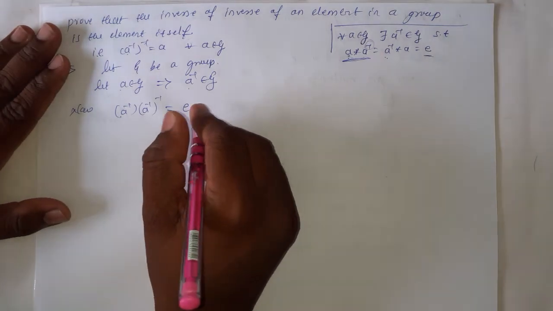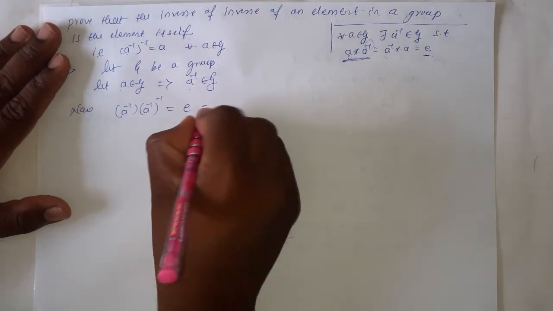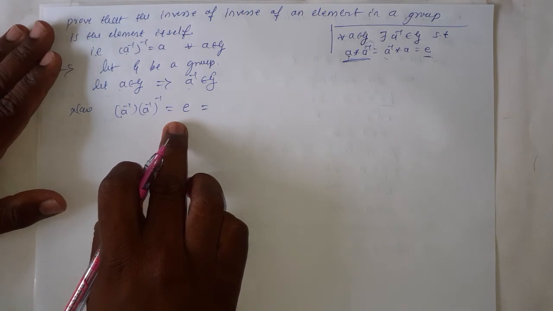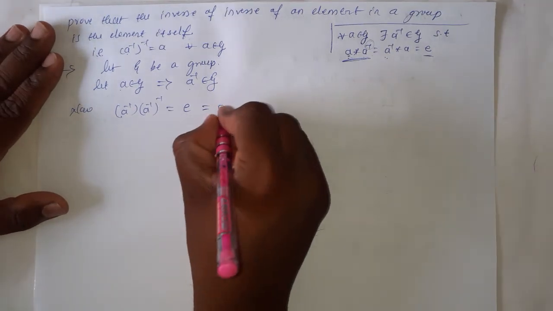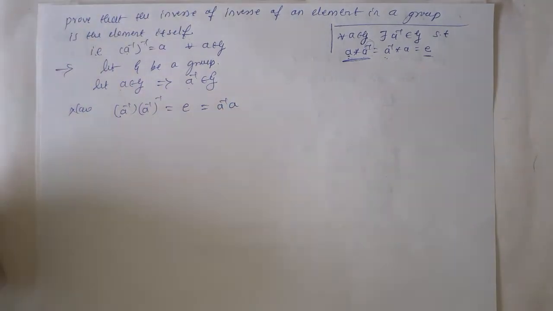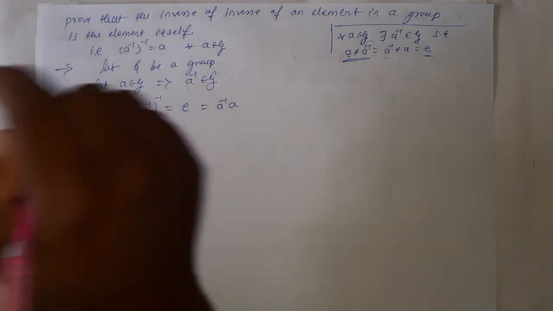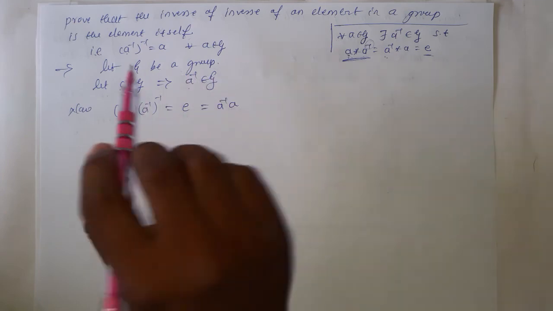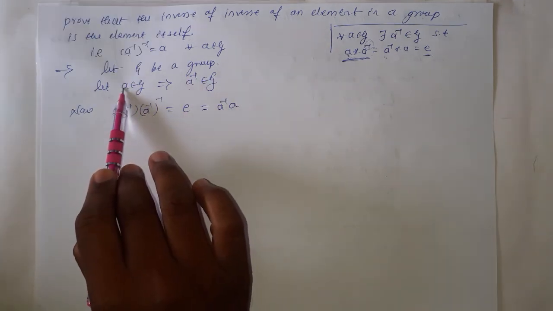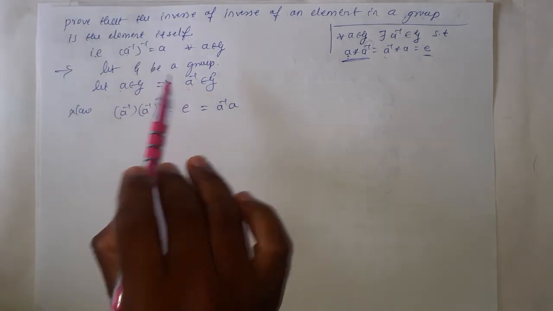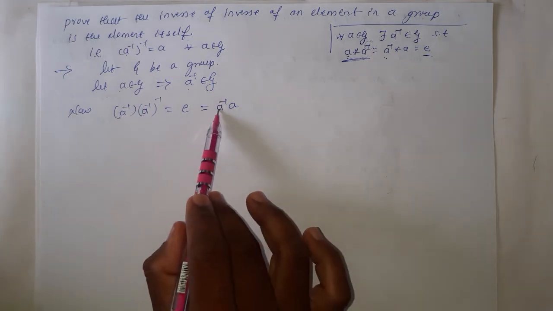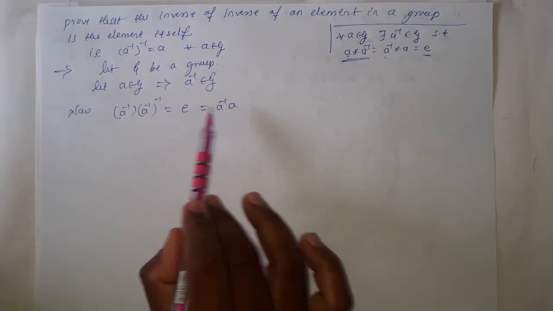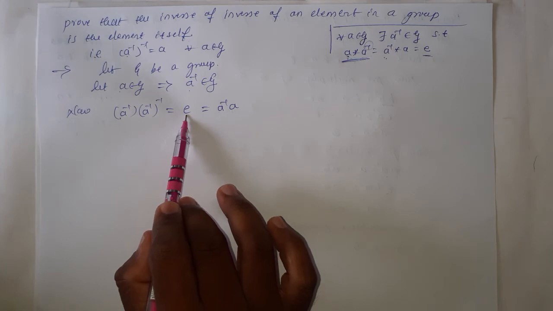And now this identity element can be written as A inverse into A, because G is a group and E is the identity element of G. Here A is the element and A inverse is the inverse of A. Now if you multiply A inverse and A, the product must be equal to the identity element.